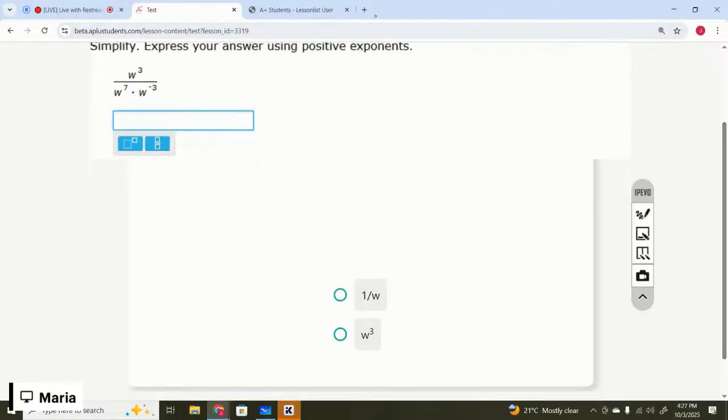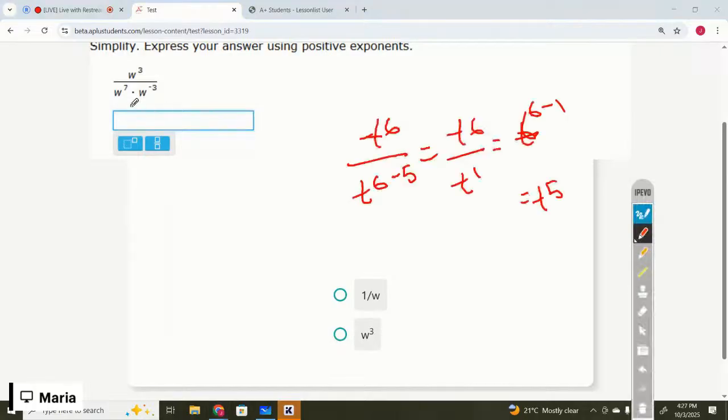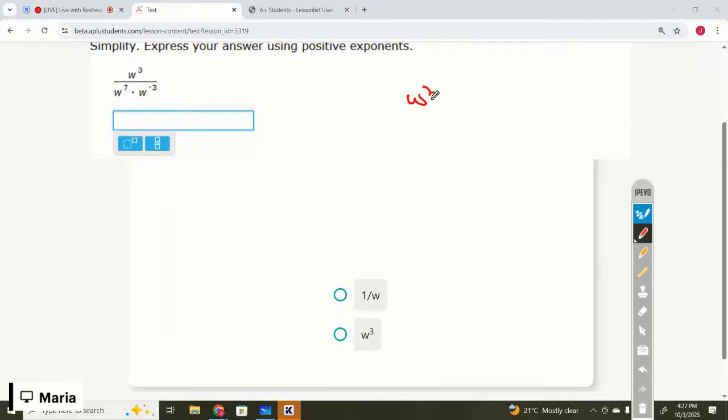W cube divided by W7 minus 3. So they are multiplying, so you need to subtract their exponents. That is W3 divided by W7 minus 3. So 7 minus 3 is 4.